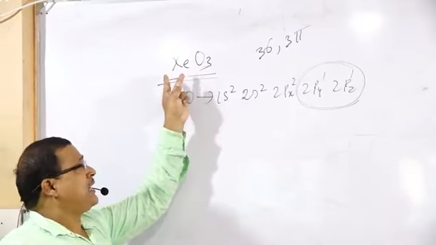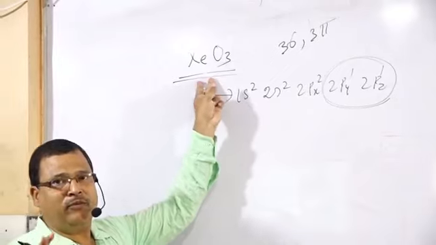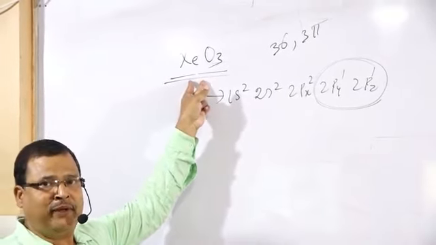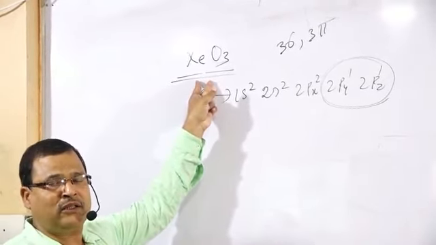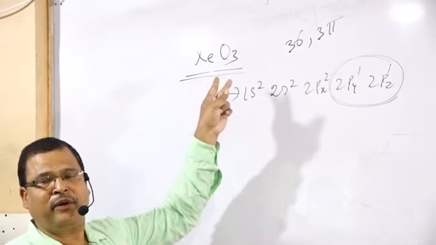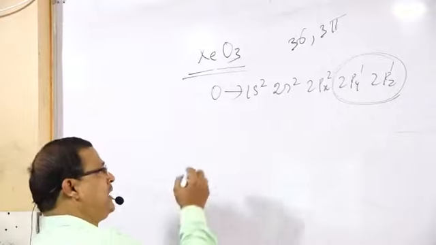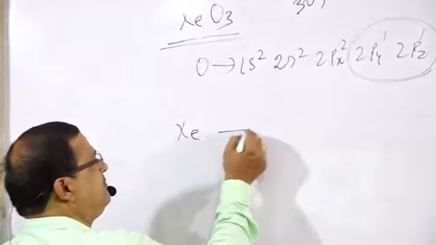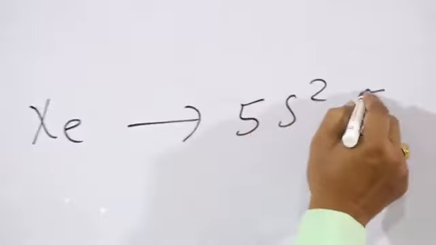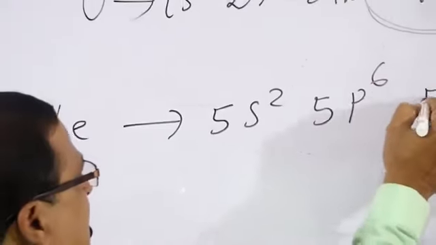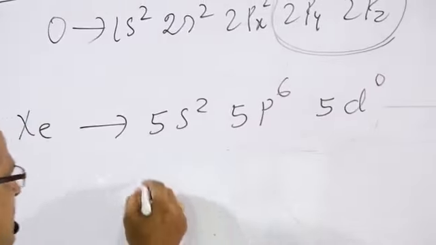This means the xenon atom must have 3 unpaired electrons in the hybrid orbitals and 3 unpaired electrons in the unhybridized orbitals. The xenon atom is 5s2, 5p6, 5d0.